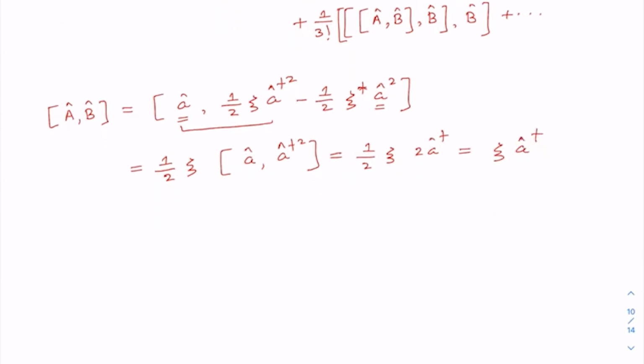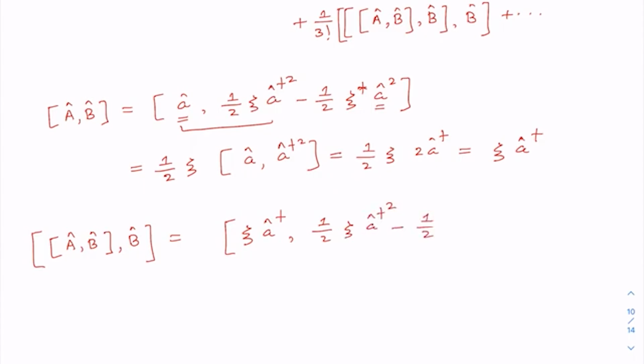Now next term, we have [A,B] commutator with B. Let us evaluate it, and this would be ξ a dagger, and B is half ξ a dagger square minus half ξ star a square.